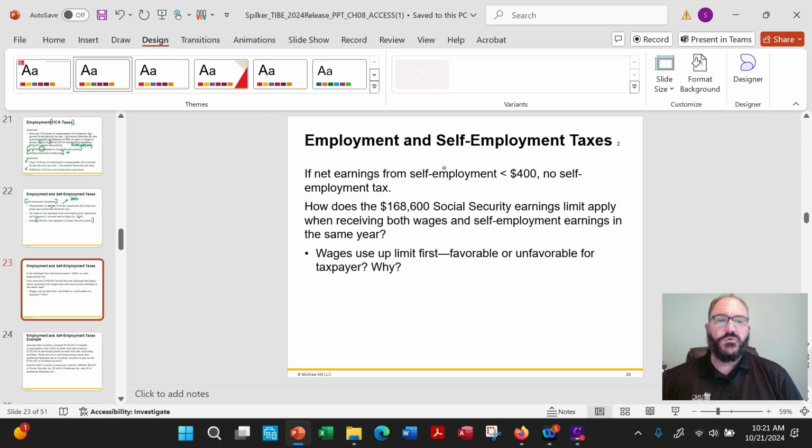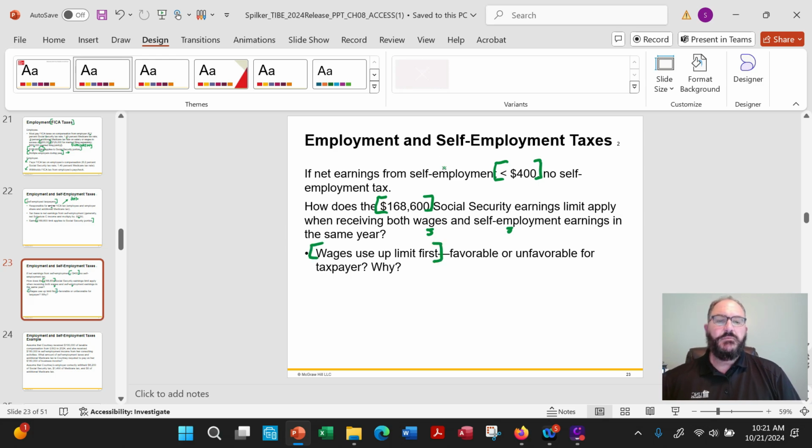If you earn less than $400, no self-employment tax. Notice it says, how does the $168,000 limit work if you have both wages and self-employment? The question is, what happens? Wages use up the limit first.